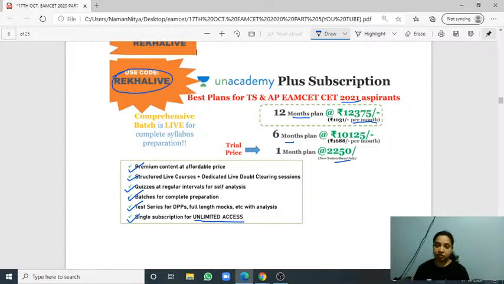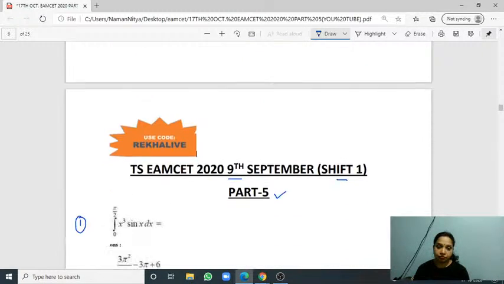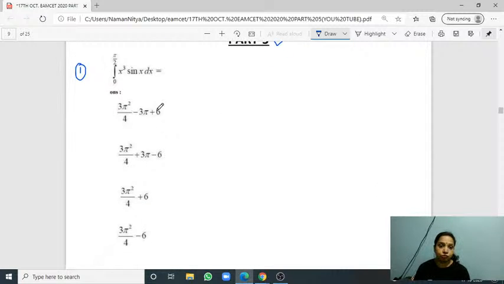So let me start with today's first question. Integration we are supposed to do from 0 to pi by 2, x cube sine x dx. So this is a definite integral question.